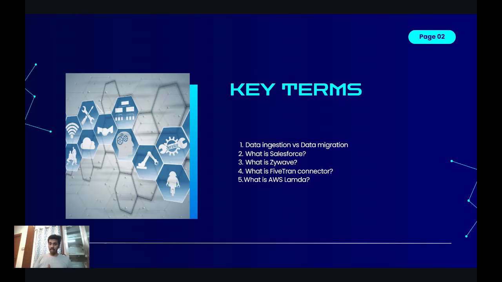If you are moving an S3 bucket to an Azure Synapse database, this is the data ingestion part. You move it continuously over a period of time, with a scheduler or an event triggering mechanism where the data is continuously moved. Data migration is a one-time movement, a lift and shift of data from one place to another.